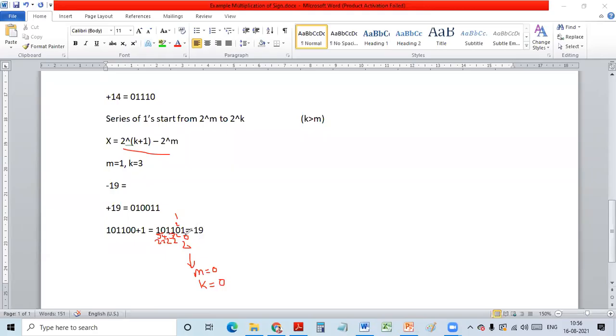I have a series of 1 here, only 1. So my m is 0 and k is also 0 in this case. And in the second case, my m is equal to 2. And what about k? K is 3.